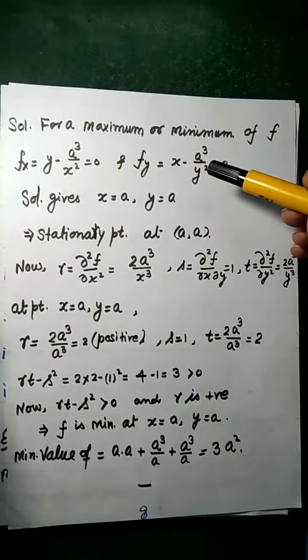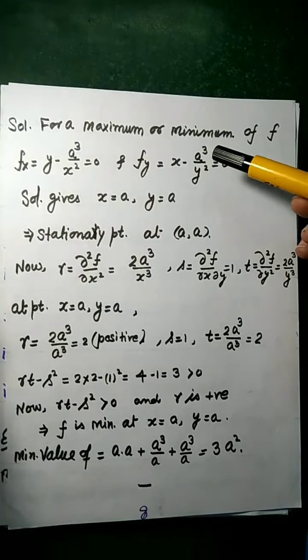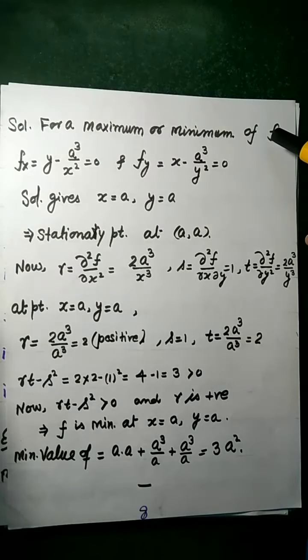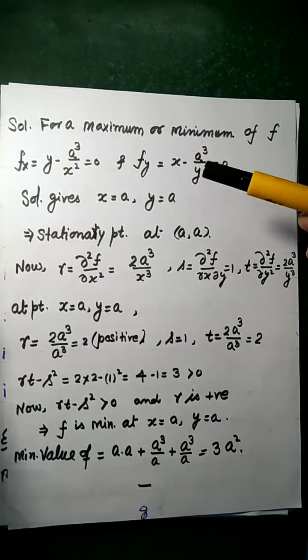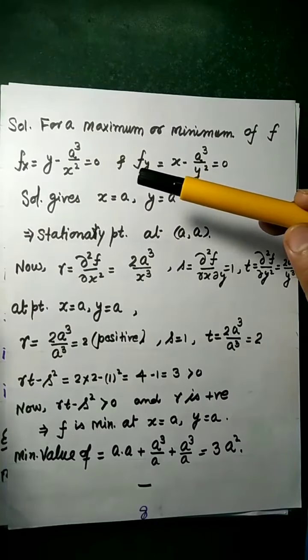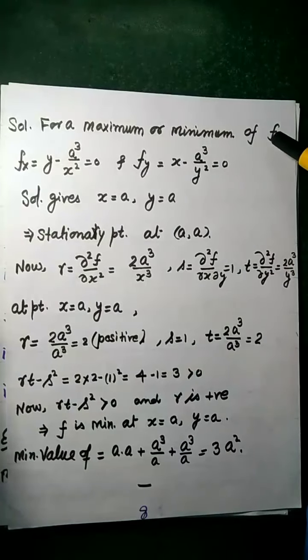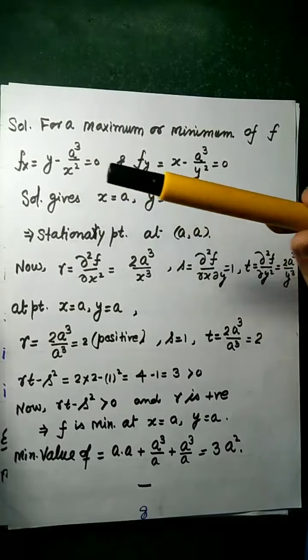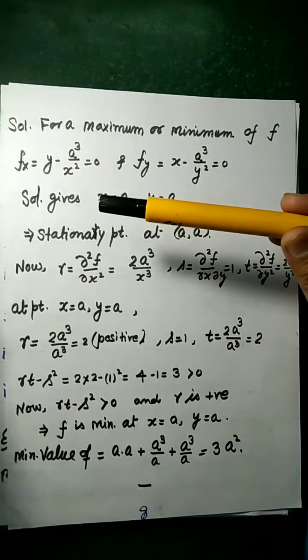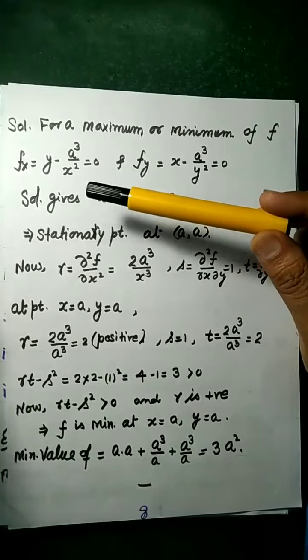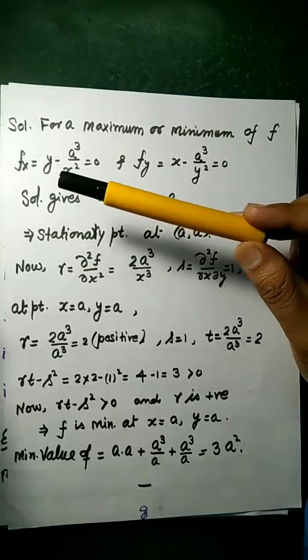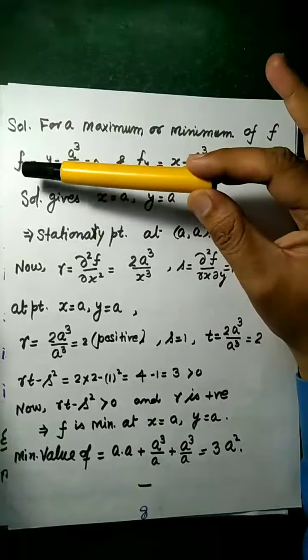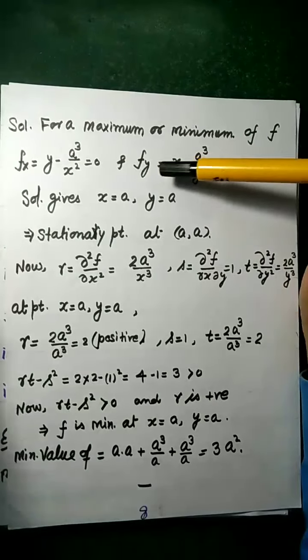Now this is the solution of the given problem. For maximum or minimum of function f, we differentiate partially because the function is of two variables x and y. We differentiate with respect to x, treating the other variable as constant. So del f by del x is this one, del f by del y equals this one.